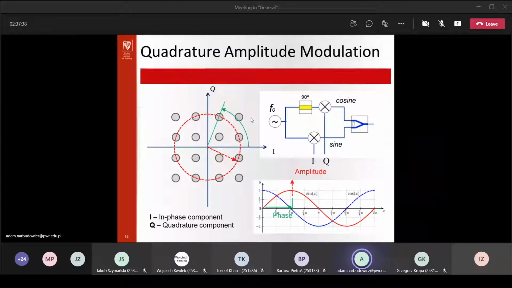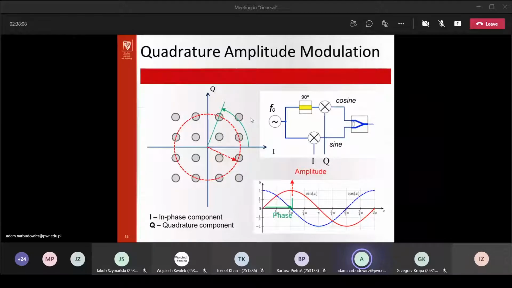Now, what would you expect an IQ diagram of phase modulation to look like? Let's say 8 PSK with 8 different symbols, or 8 different phase values. Or pretty much any phase modulation.